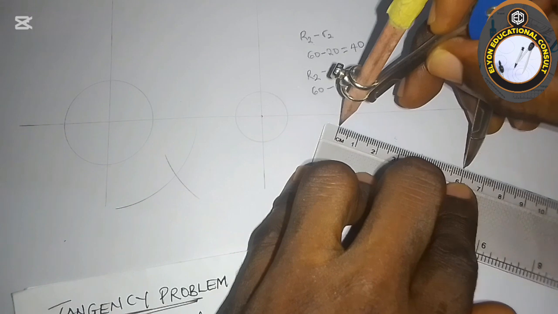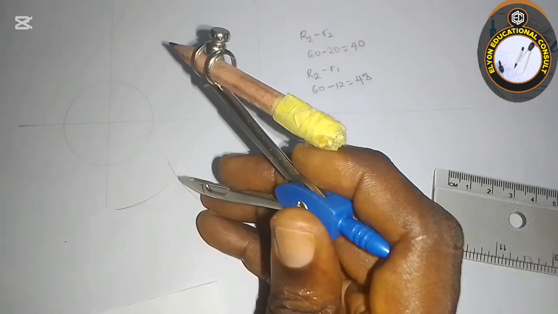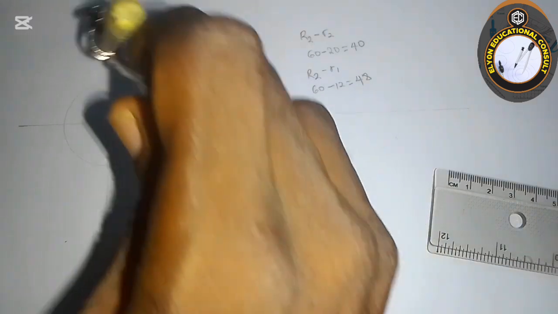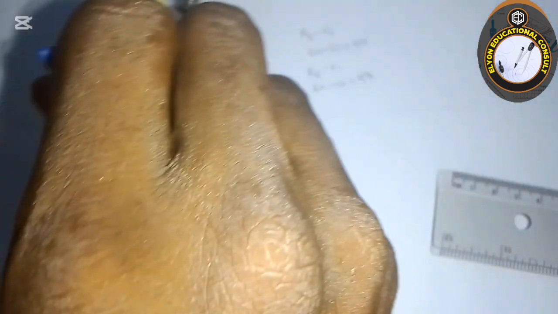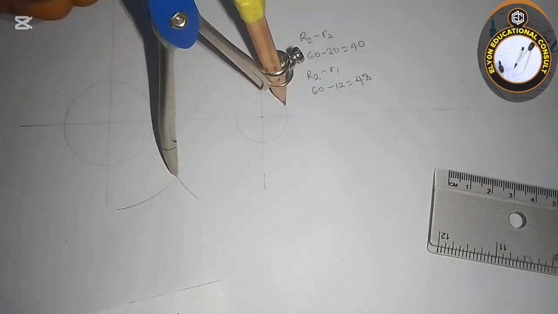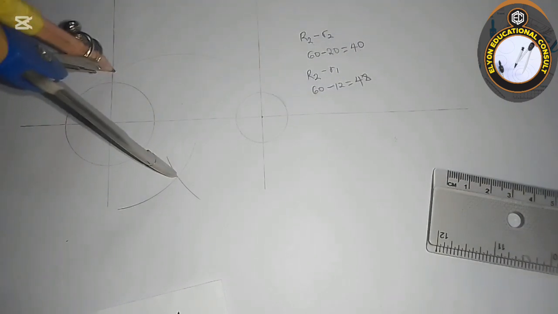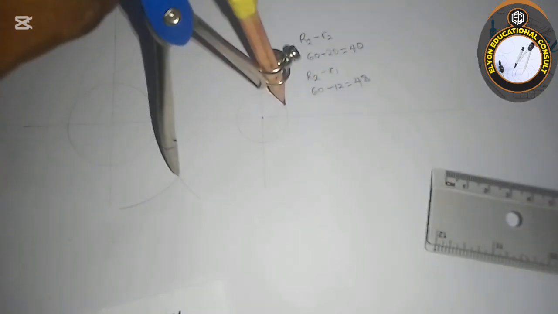So what I'm going to do now, I'm going to place on that part there, and draw an arc this way, you can see. So if the construction is correct, it's going to be holding at both sides.